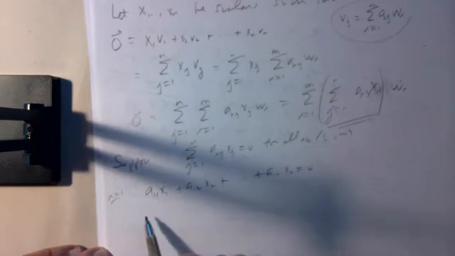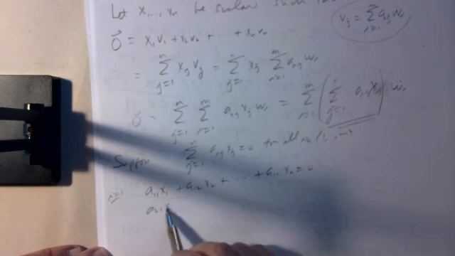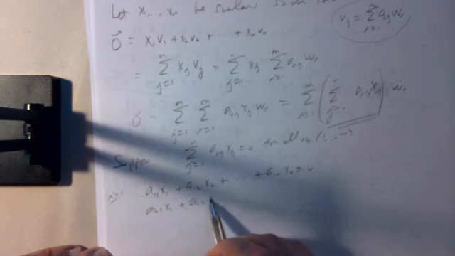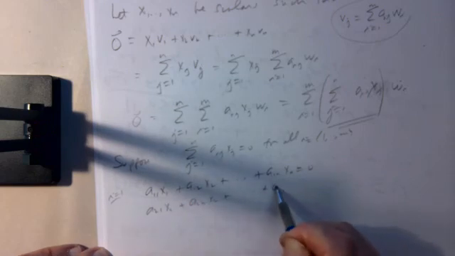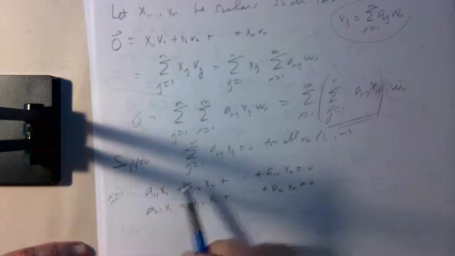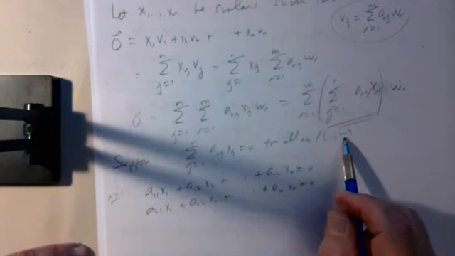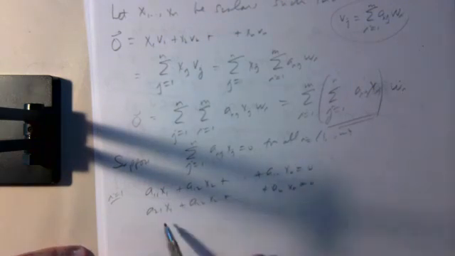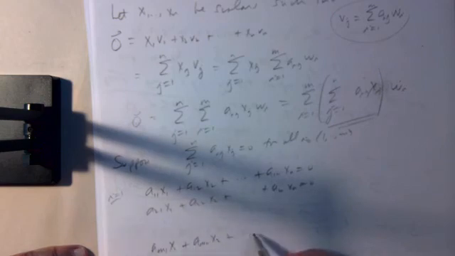For i equal 2, I have the equation a21 x1 plus a22 x2, up to a2n xn equals 0. And so on for i going from 1 up to m. When I get to the last equation, when i equals m, this is am1 x1 plus am2 x2 plus up to amn xn equals 0.